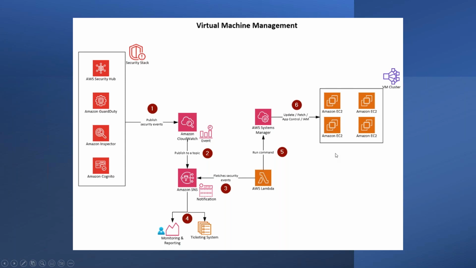Here, we have displayed a cluster of VMs, where it could be hundreds to thousands of different machines. Those machines can be living in AWS or anywhere else. Systems Manager basically has the ability to update, patch, and apply controls on these as an event produced by a security service is produced on the other end.